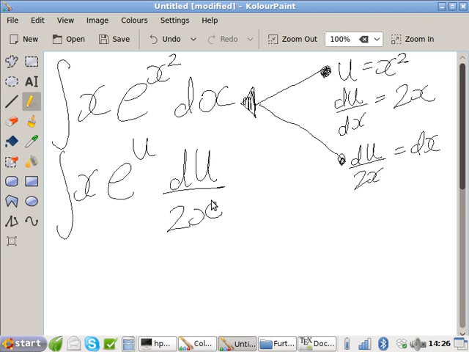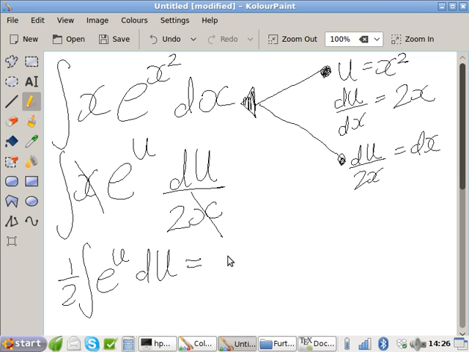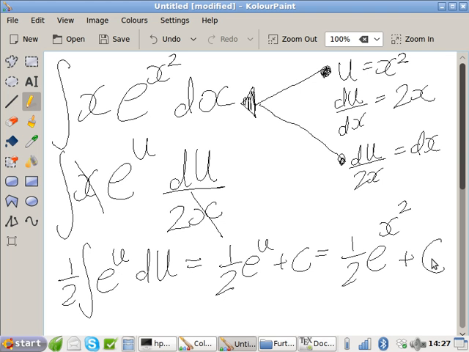But the problem here is not really a problem because this x cancels this x. So you're left with a half e^u du. What would that equal? A half e^u, plus c. So finally the answer is a half e^(x squared) plus c.